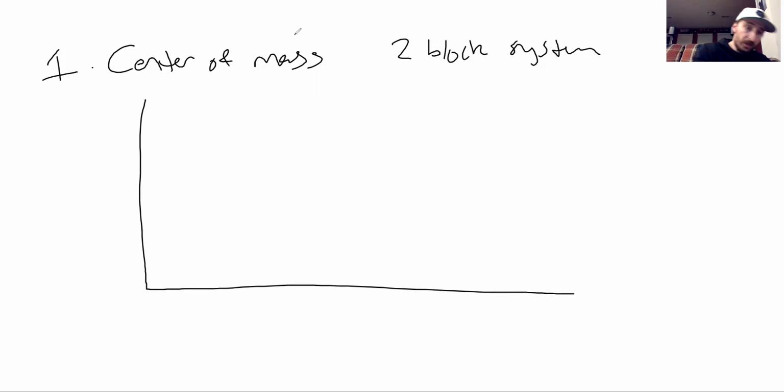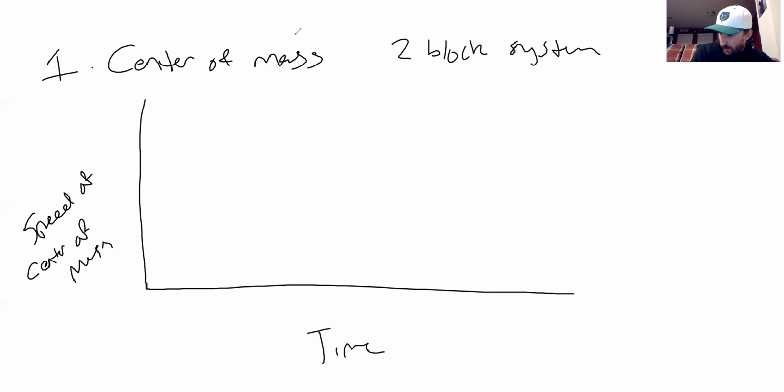is something like this. And then we got time. And you have TA, TB, TC, TD, TE, and TF.